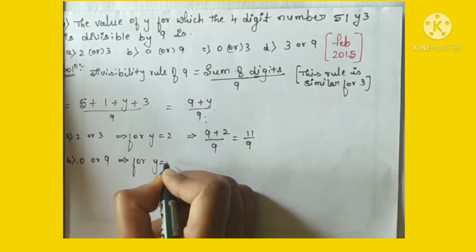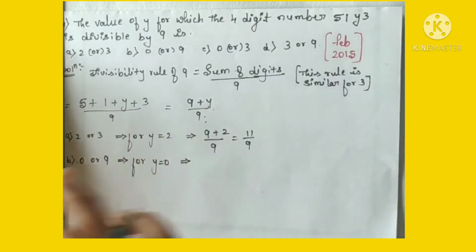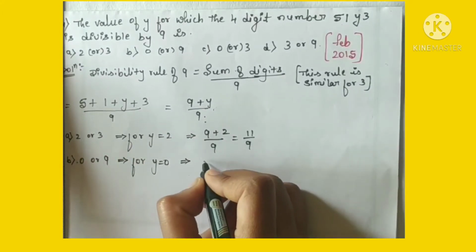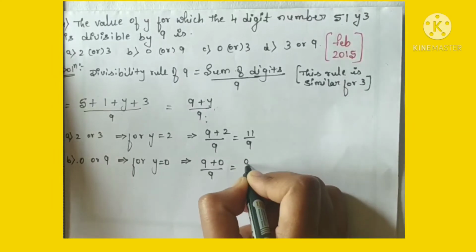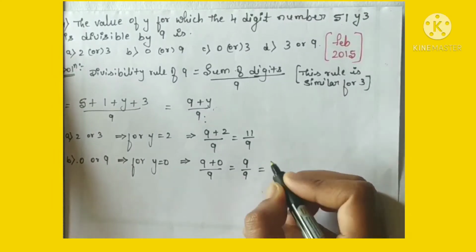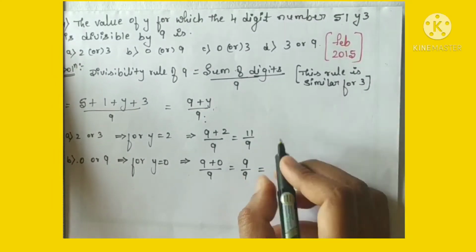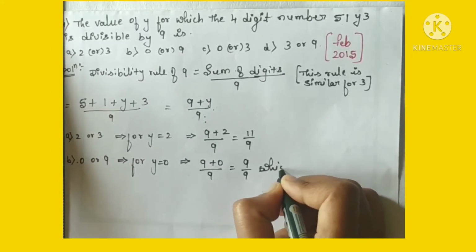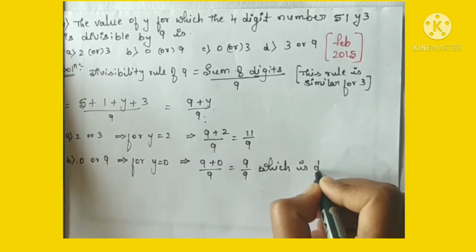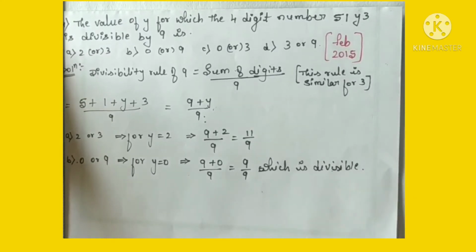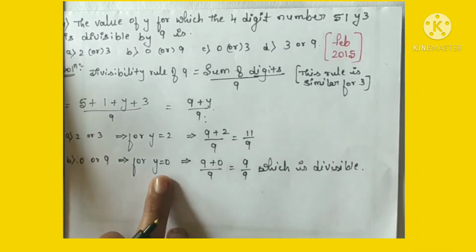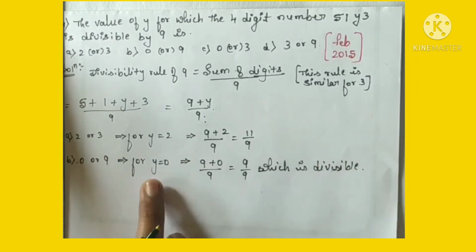For y is equal to 0, I just put y is equal to 0. 9 plus 0 by 9, which is equal to 9 by 9, which is divisible. So it satisfies the condition. Similarly, we have to check for 9 also, because they gave 0 or 9. Here it satisfies the divisibility rule for 0.